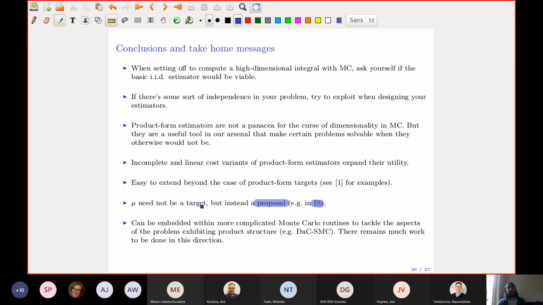In fact, we think that these things are going to be most useful embedded within more complicated Monte Carlo algorithms, basically to try to exploit any product structure in the problem. And this is what these generalizations of sequential Monte Carlo that I mentioned in the beginning were hoping to do.